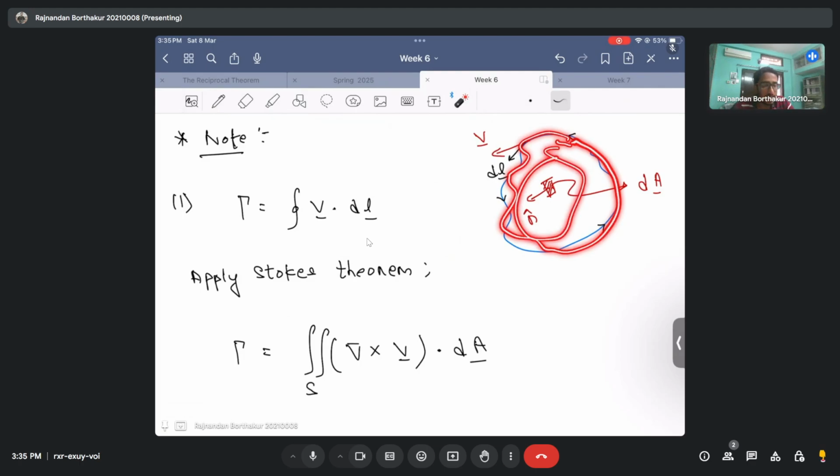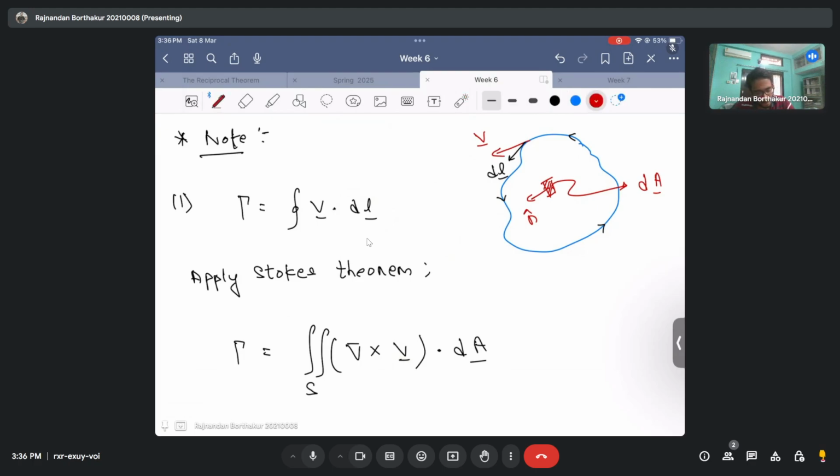So instead of writing this as dl, I'm saying it is the curl of my velocity dot the elemental area dA enclosed by this closed curve.